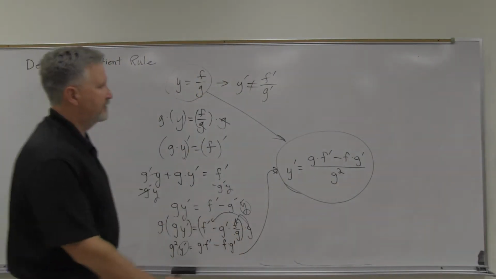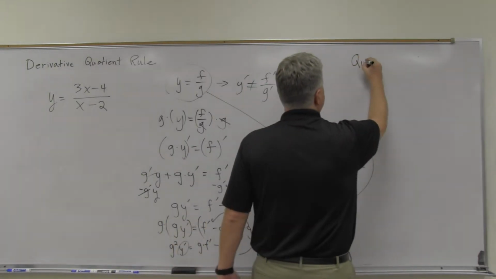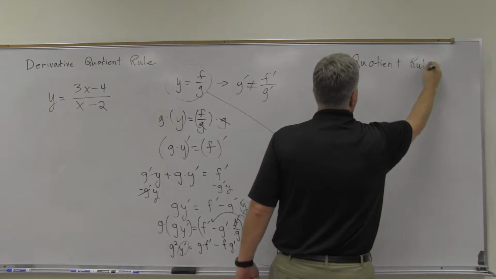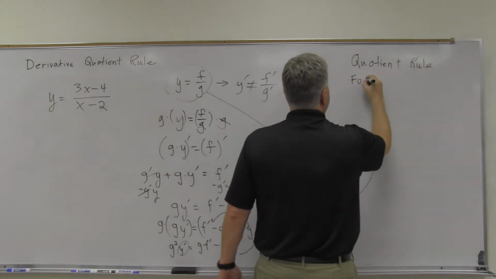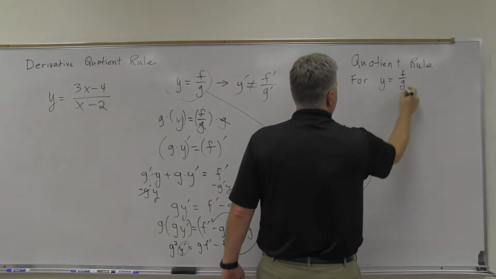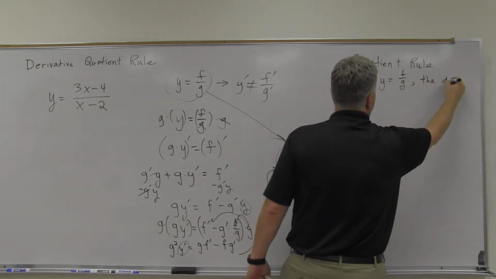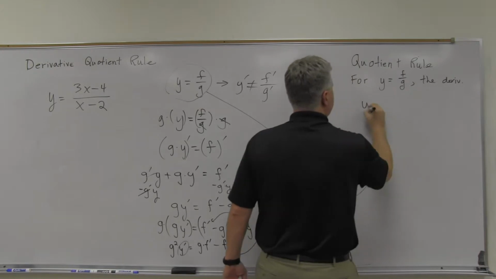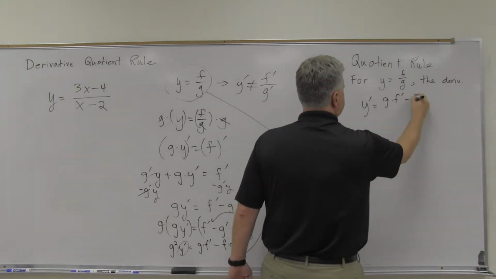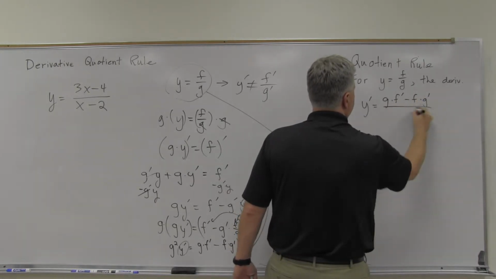So here's our quotient rule for derivatives. For y equals f over g, the derivative is y prime equals g times f prime minus f times g prime over g squared.